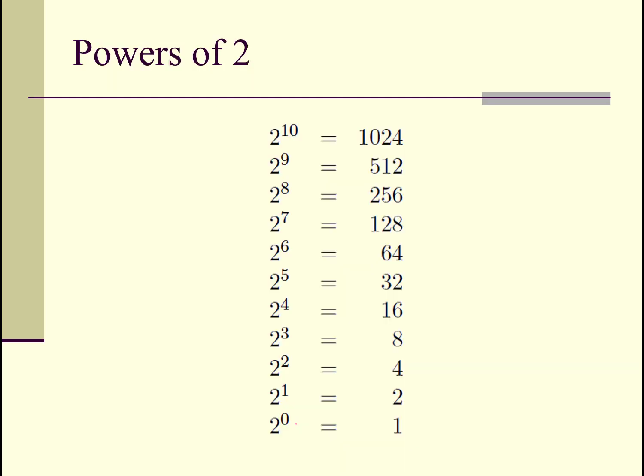Okay, so the powers of 2 are very helpful, because while you are converting, this will make things much easier for you. So for example here, 2 to the power of 0 is 1, 2 to the power of 1 is 2, 2 to the power of 2 is 4, 2 to the power of 3 is 8, 16, 32, 64, 128, 256, 512, 1024. So for example, what is 2 to the power of 11?